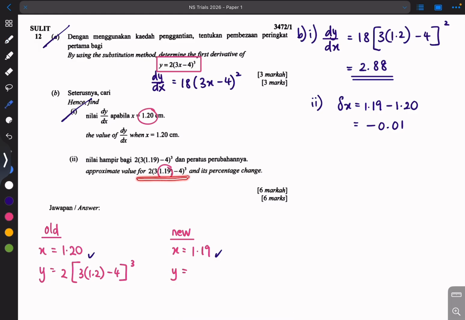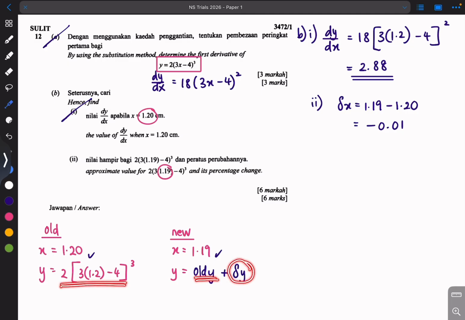This one. But even though it's easier to find this straight away, just type in our calculator, we can't do that because we want to find the approximate value using small changes. So if you want to find the new y, you just have to do old y plus the changes in y. That will be the way to find the new y. Okay, which is what we want now. Okay, so old y we already have, which is this.